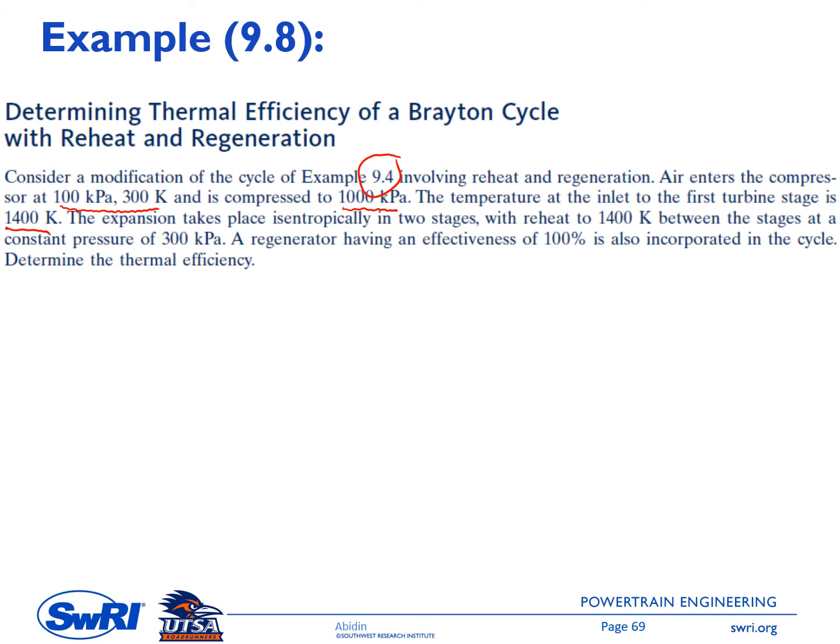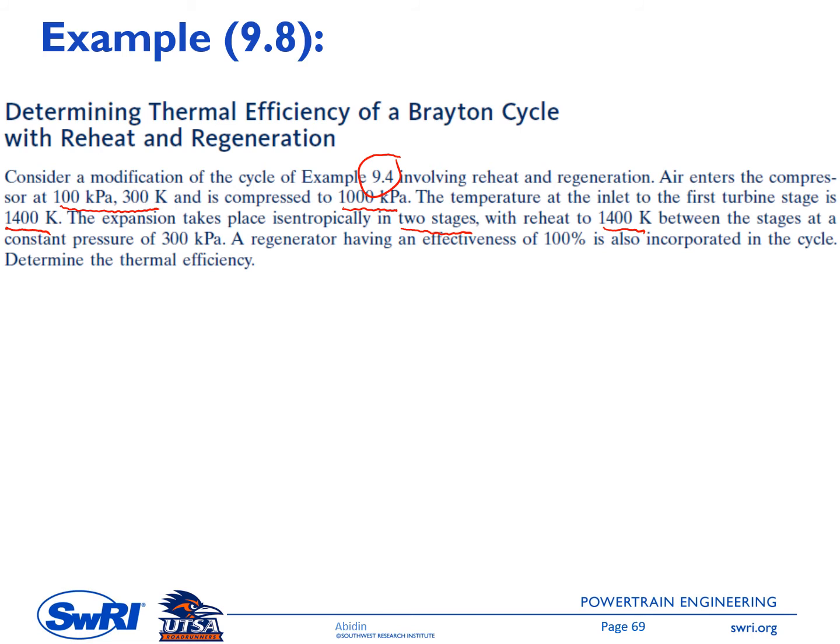It also stays the same. And then the expansion takes place isentropically in two stages here, with reheat to 1400 Kelvin again. So we will have a reheat combustor that reheats the gas back to 1400 Kelvin before it enters the second stage of the turbine.